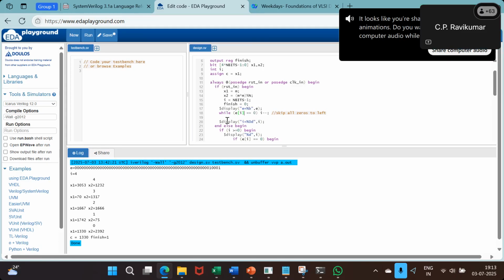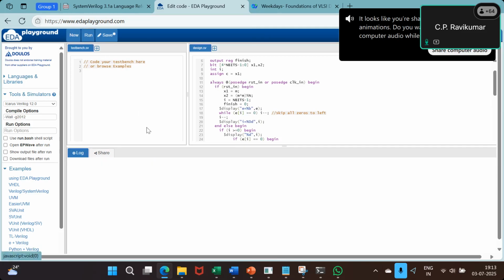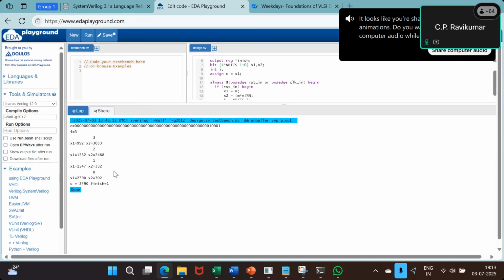So either I should decrement i here. If I decrement i here also, it's okay. Then if I run this, I should get the correct answer. This was the correct answer, 2790. You remember from yesterday? So this was the bug.